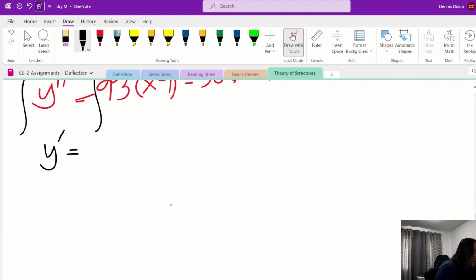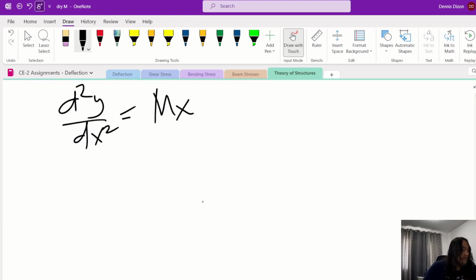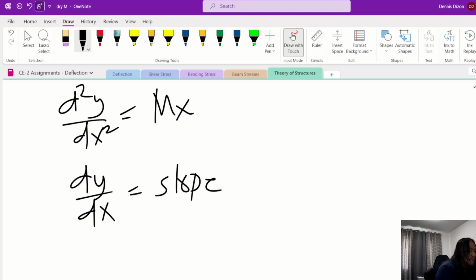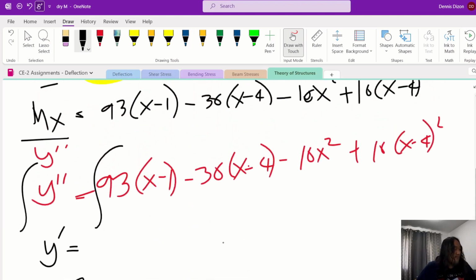So the second derivative of y is equal to your moment, and when you integrate that, dy over dx is your slope, and then of course integrate that again, so that is y, and that would be your deflection. So second derivative is moment, first derivative is slope, and y is equal to your deflection. So we will first integrate this equation.